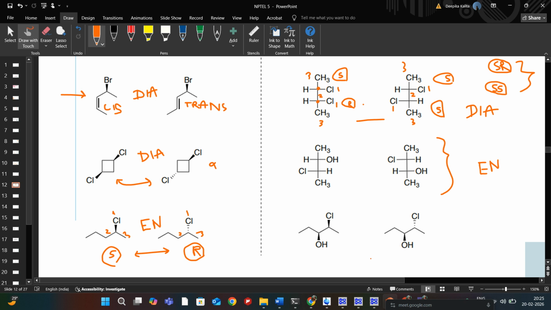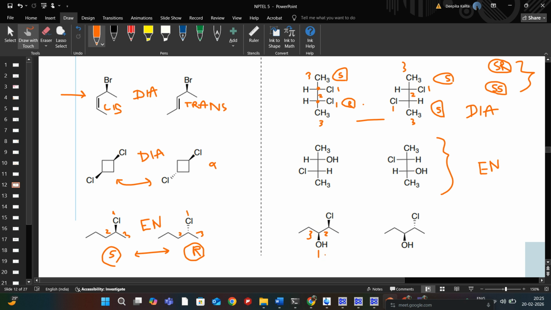Similarly, for these two pairs also, you can figure out the absolute configurations. For instance, this will be 1, 2, 1. This one will be 2 and this one will be 3.